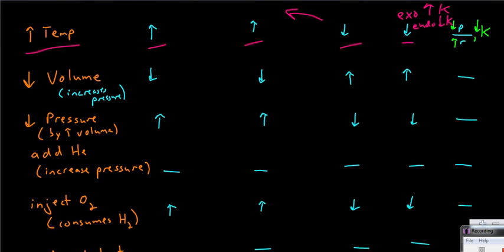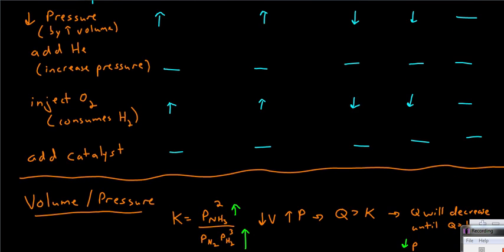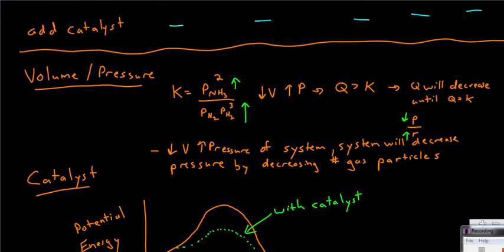How about decreasing the volume of this container full of gas? By decreasing the volume of the container full of gas, that will increase the pressure of the system. Now, increasing the pressure occurs for both your product, ammonia, and also your nitrogen and hydrogen reactants.